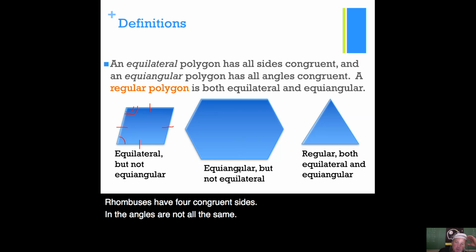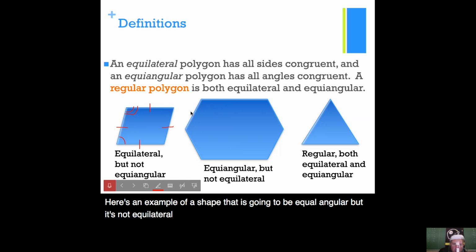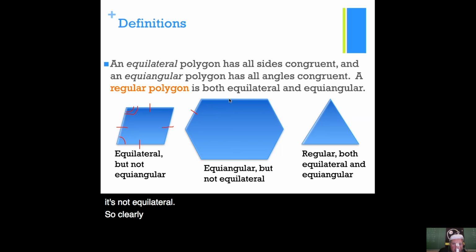Here's an example of a shape that is going to be equiangular, but it's not equilateral. So clearly this side is way shorter than this side. It's not equilateral. But if you look at the angle measures, they're all obtuse. And I tried my best to make them all look like they're the same measure. So this type of shape does exist.